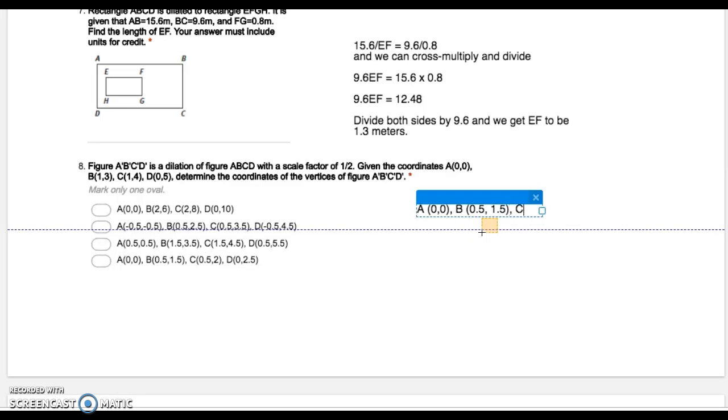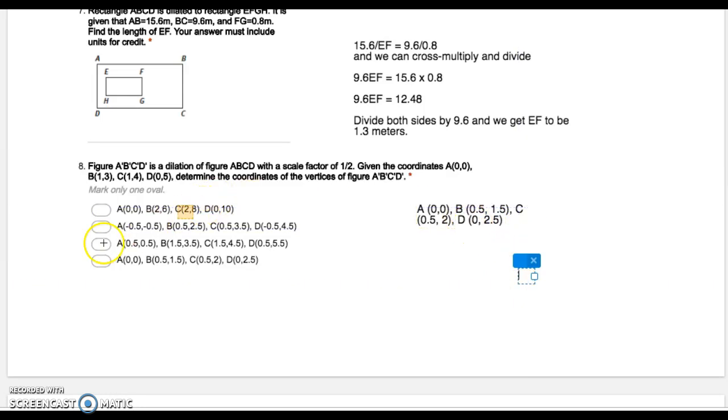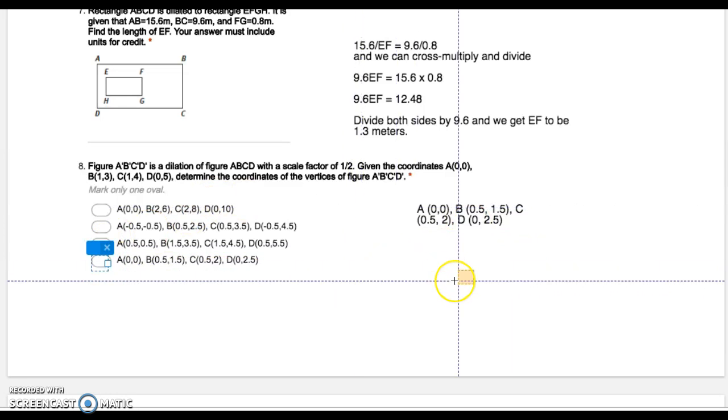And then C, half of 1 is 0.5. Half of 4 is 2. And then D, 0 will be 0. And 5 will be 2.5. And our new coordinates match up right here with would be letter D.